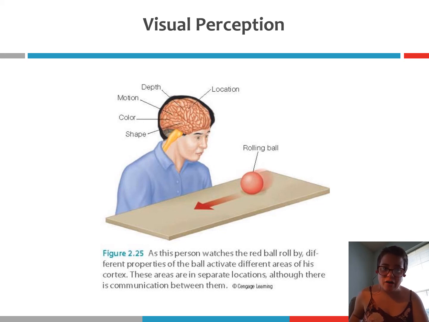Different regions of the brain, different structures of the brain are going to code for various aspects. So, for example, the location of the ball, depth perception, indicating the motion, color, and shape of the ball, all of those basic perceptual properties are going to be represented, again, by different areas of that cortex, or that most recently evolved area of the brain.